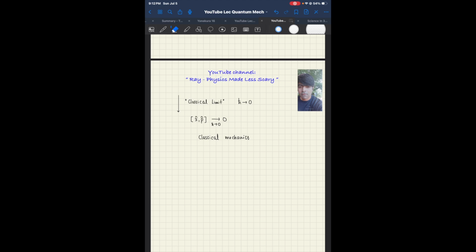There is nothing that doesn't commute in classical mechanics. Why is that? Well, because in classical mechanics these are all functions, as opposed to quantum mechanics, where they are operators. So functions always commute. So f1 f2 for arbitrary functions would always be f2 f1. So in classical mechanics, everything commutes.